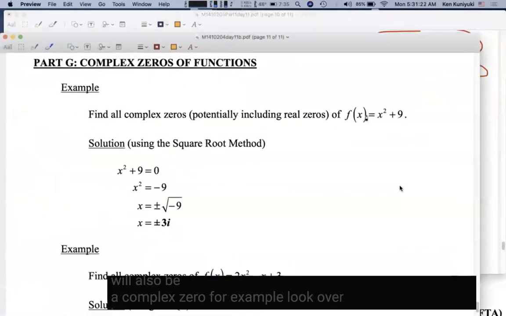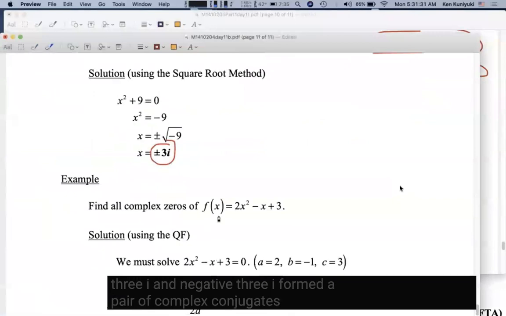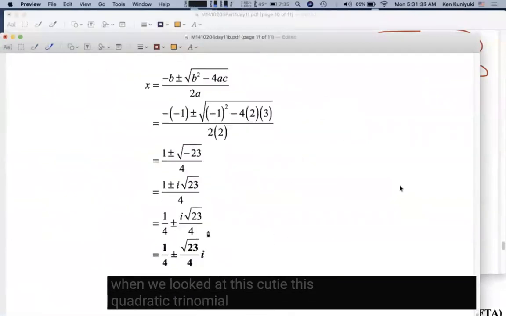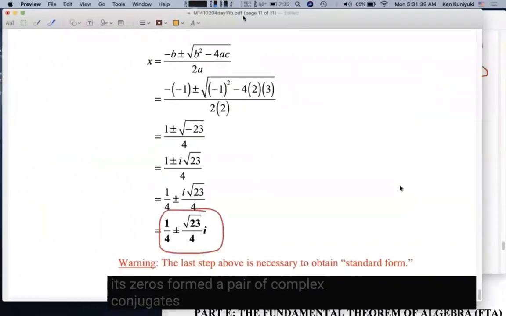For example, look over here. When we looked at x squared plus 9, its two zeros, 3i and negative 3i, formed a pair of complex conjugates. When we looked at this cutie, this quadratic trinomial, its zeros formed a pair of complex conjugates.